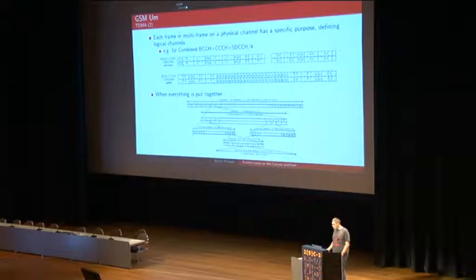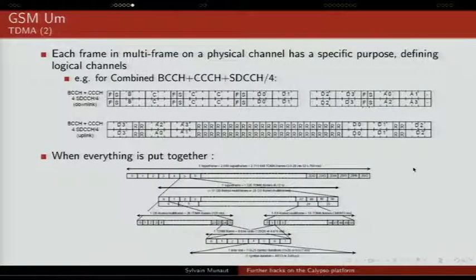And if it's equal to, let's say, 10, well, you're going to find a FCCH burst. And this multiplex essentially creates logical channels inside the physical channels. When you put everything together, you get something like that. It might look complex at first, but eventually you get used to it. You just have to remember that the time is really important in GSM, and everything is sent at a very specific time.